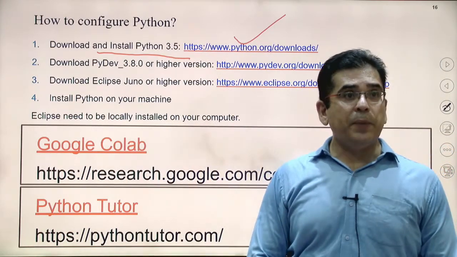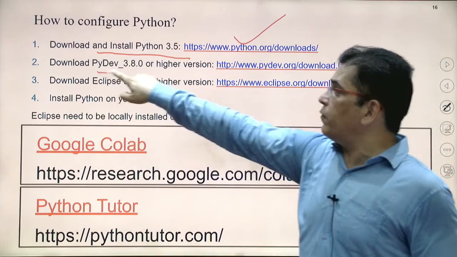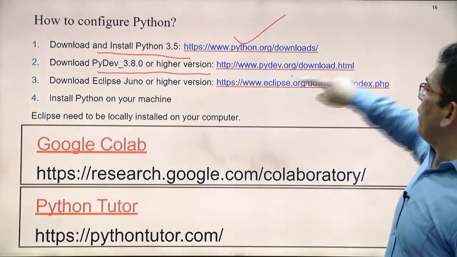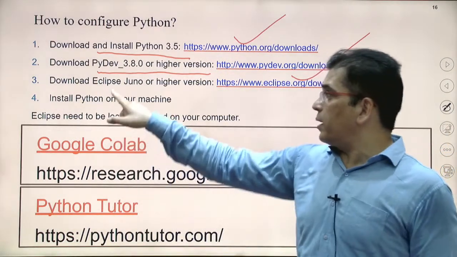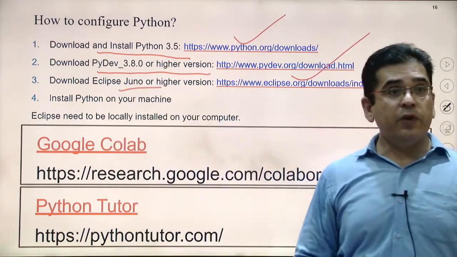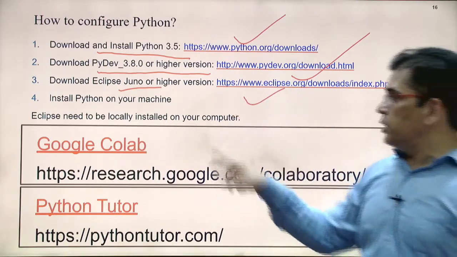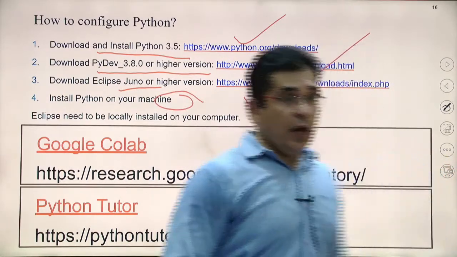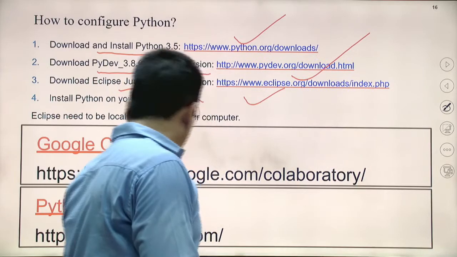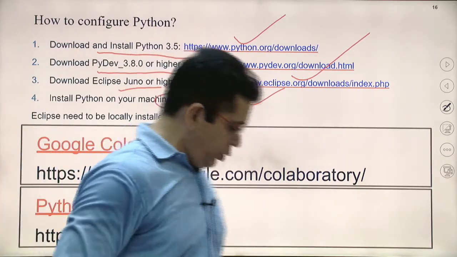You can download the PyDev environment from pydev.org, download HTML. You can download Eclipse, an editor where you can write various programs, from eclipse.org, and then you can install Python on your machine. But nowadays people are using two different platforms. One is Google Colab, another is Python Tutor.